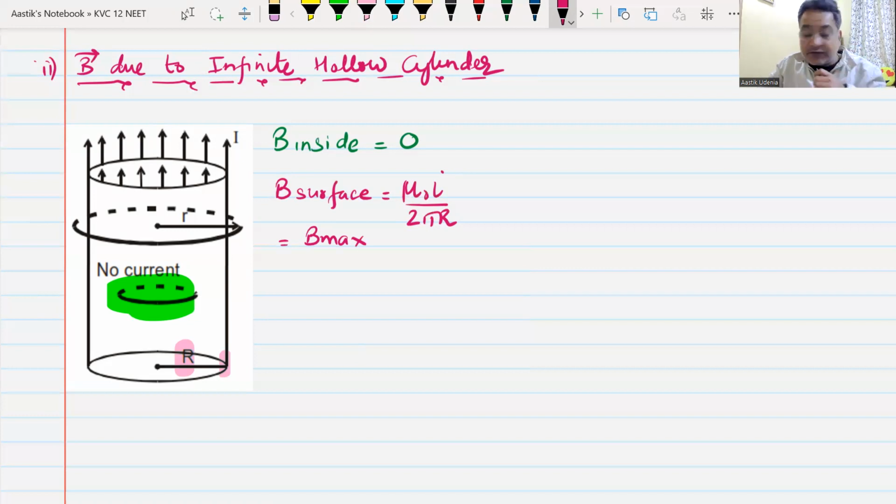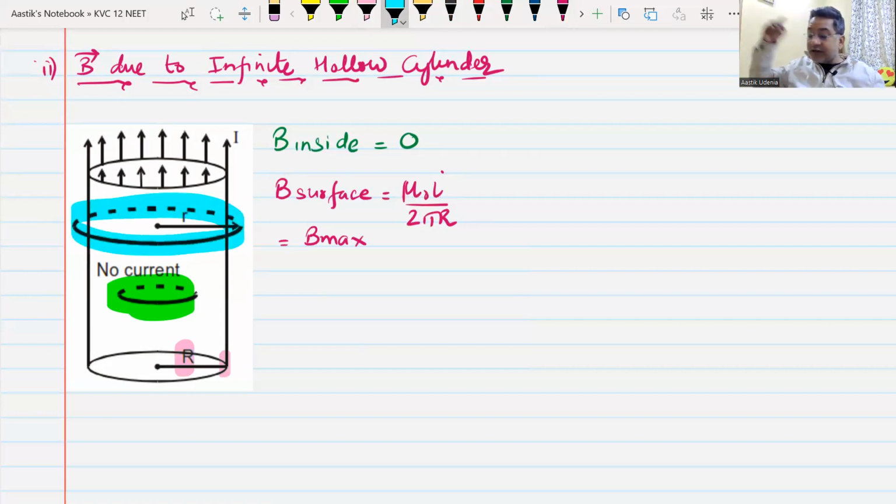If you take any point outside at a distance r, then that will have full current enclosed.